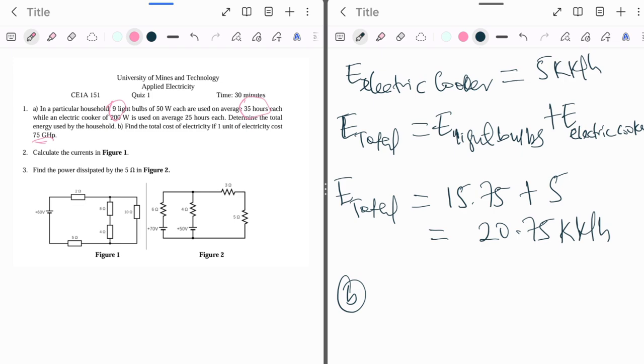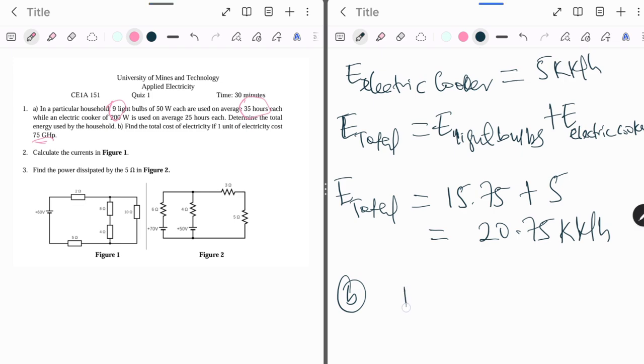So if you've consumed 20.75 kilowatt hours of energy, we are trying to find how much you are supposed to pay for the energy consumed by the household.